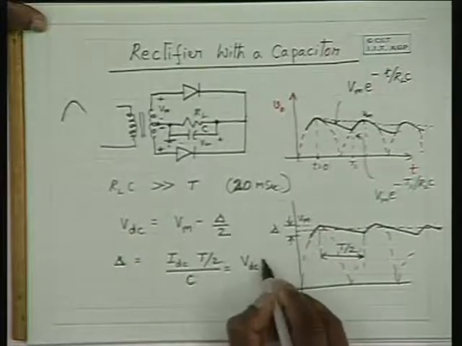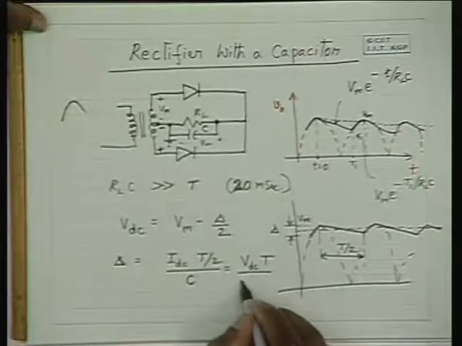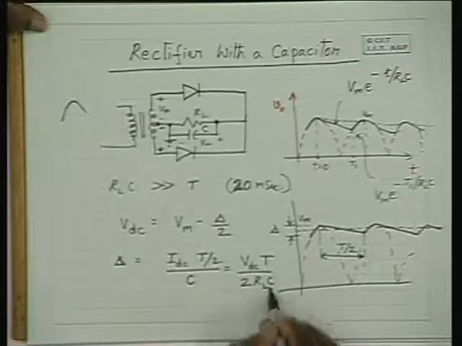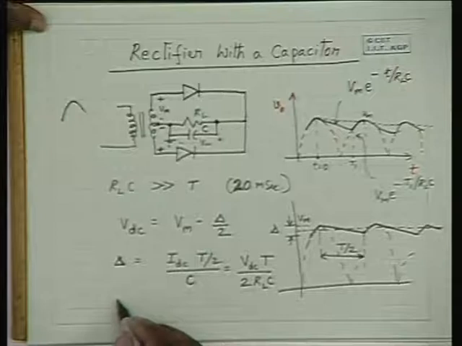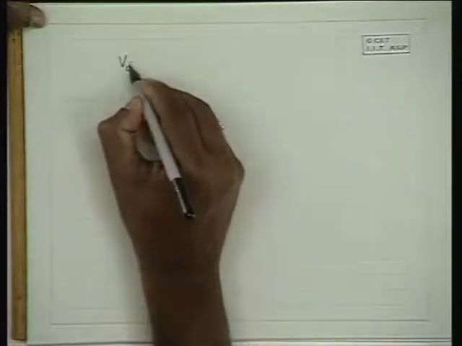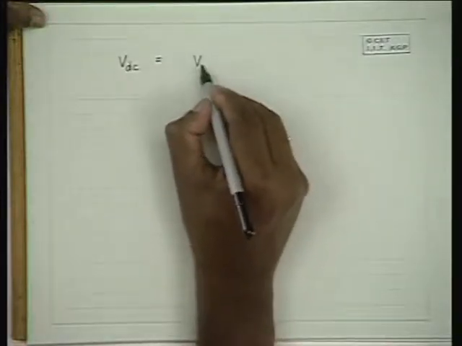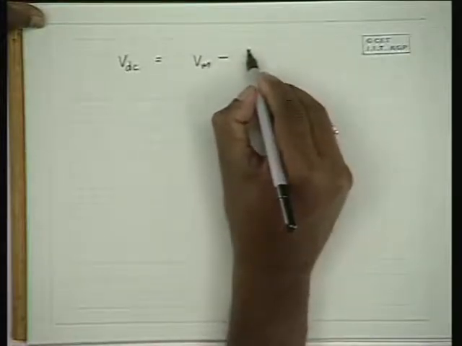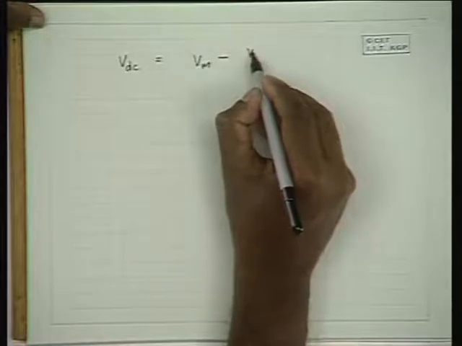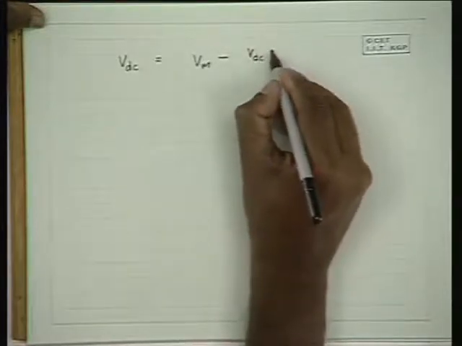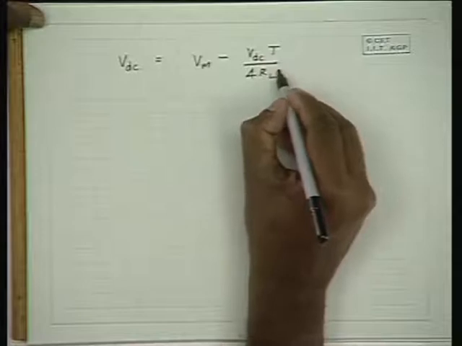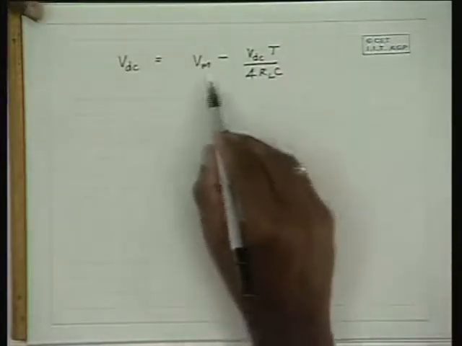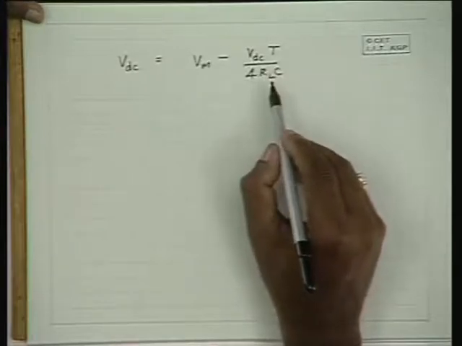Therefore, delta is VDC into T by 2 RL into C. Now substituting this, VDC is equal to Vm minus VDC into T by 4 RLC.